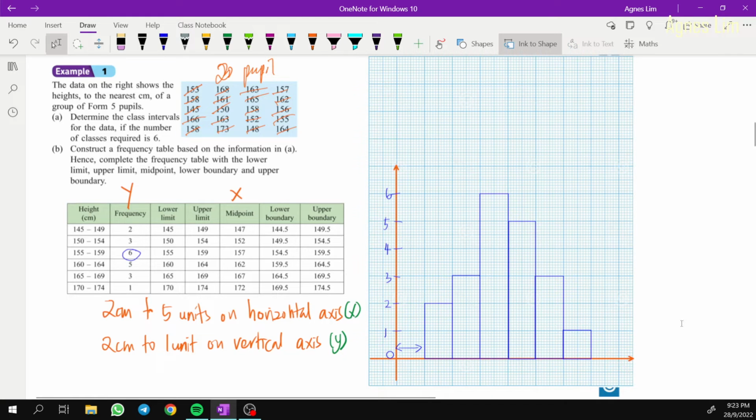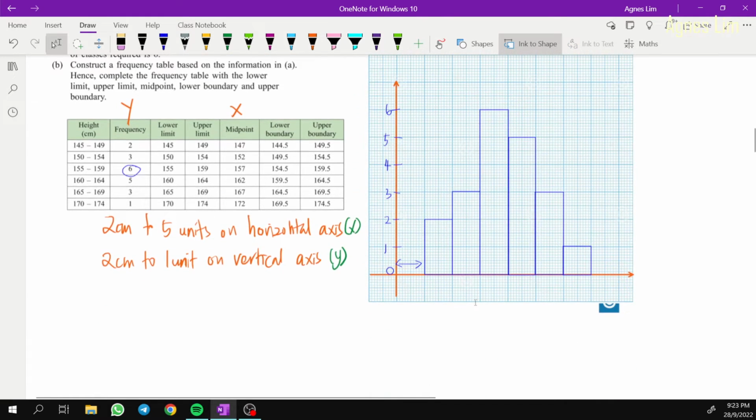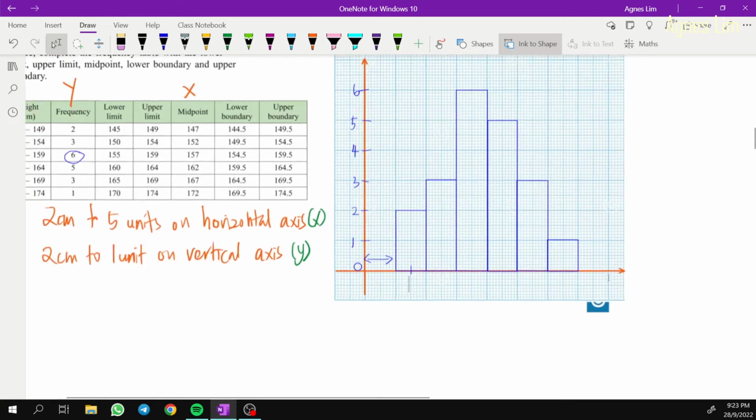Alright, so midpoint means the middle of our class interval. Okay, the middle of our class interval. So that's why I don't want to label first. Instead of doing it first, we do it after we finish drawing the histogram. So midpoint means in the middle, right?